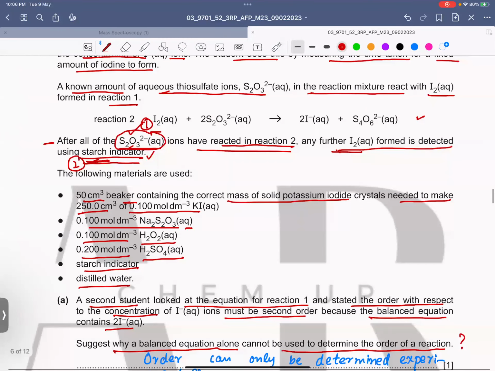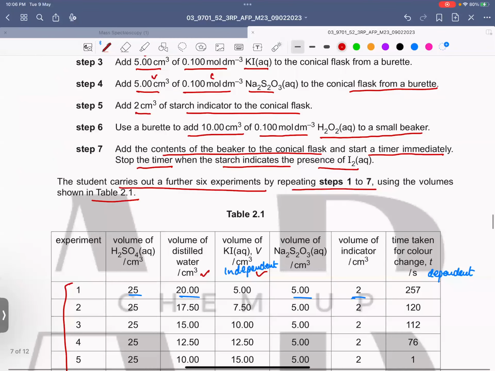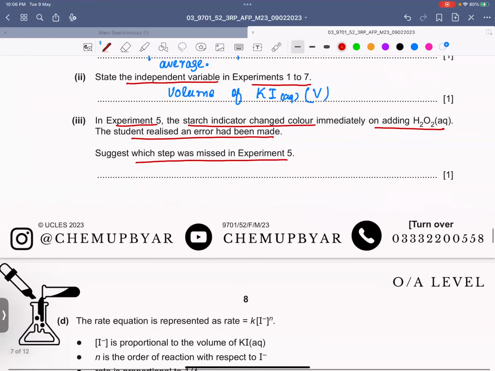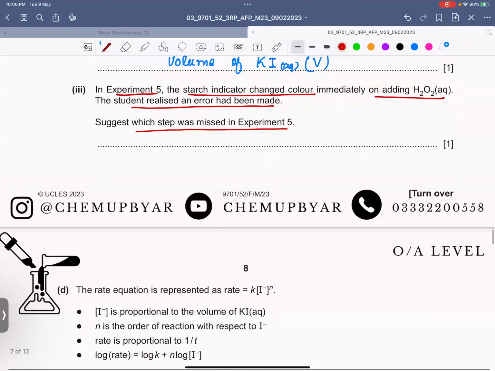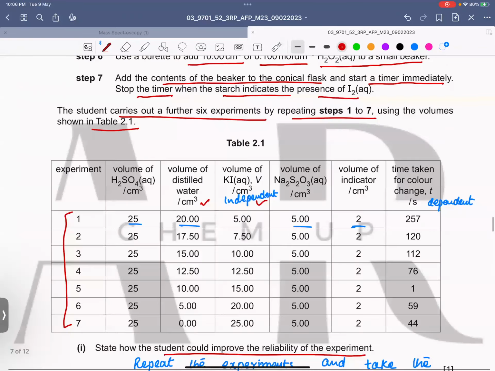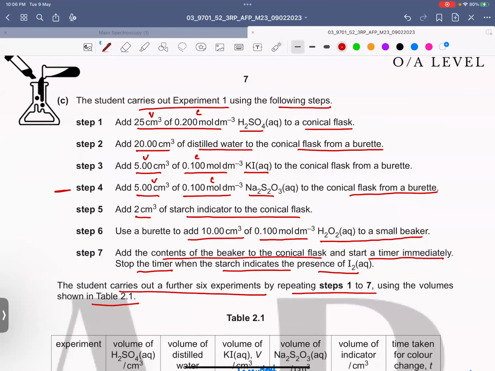Here the color changed quickly on adding H2O2. So it is clearly indicating that this step is missed, that there is no Na2S2O3. That's why when we added hydrogen peroxide, the iodine formed quickly reacted with the starch and showed the color of the starch-iodine complex.